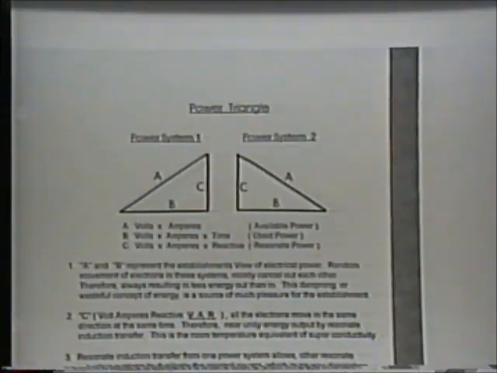Now, at that point, you've got high voltage with not a lot of amps, but the amp business is not going to be a problem for us, because we're not going to be using the system that we have at the top there. We're only going to be using the lines of magnetic flux.